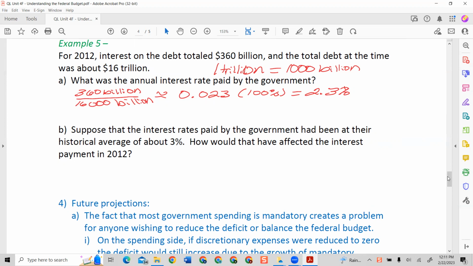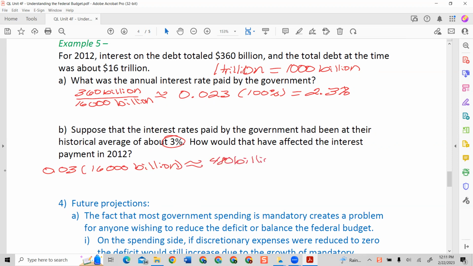Okay, so if the interest rate had instead been 3%, the interest payment would have been 0.03 times 16 trillion. So let's just write that out. I would write that in decimal. We would multiply that by the 16,000 billion. And that would have gave me $480 billion.